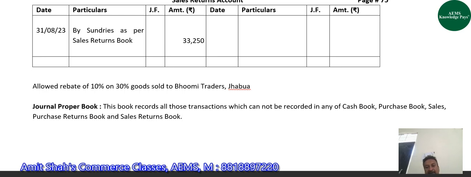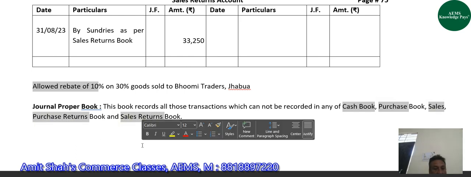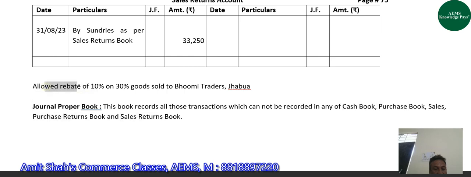So can you tell me any transaction which cannot be recorded here other than rebate? Because you must have understood by now that this rebate would be recorded in the journal proper book, because this rebate is neither receipt or payment of money, nor purchase of goods, nor sale of goods, nor return of purchased goods, nor return of sold goods. That is why this rebate would be recorded in the journal proper book.